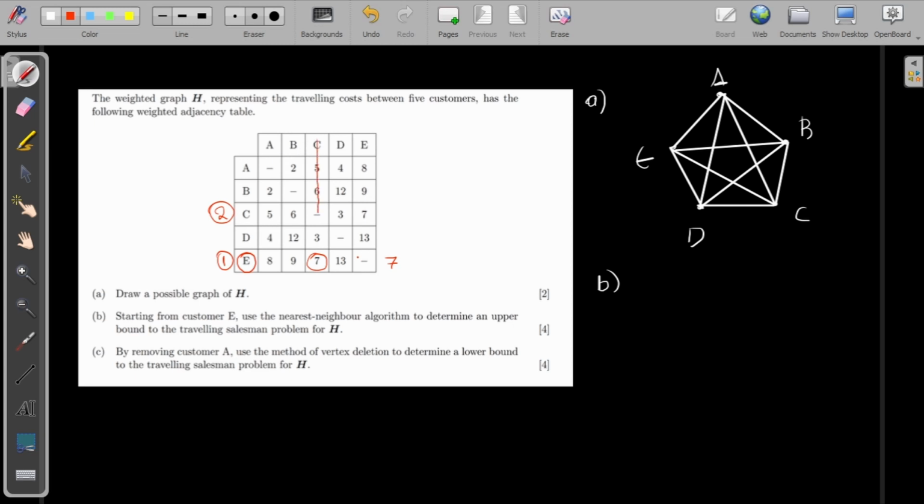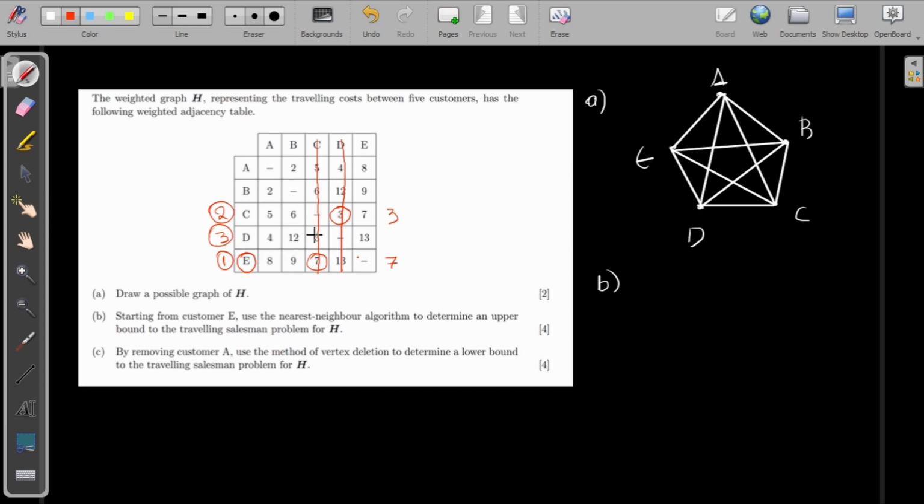Now, since I visited this vertex, I delete it. I should not revisit it. Now, from C, which is the lowest value? D, which is 3. So from C, I'll go to D, my third vertex, and I delete this vertex so as not to visit it again.